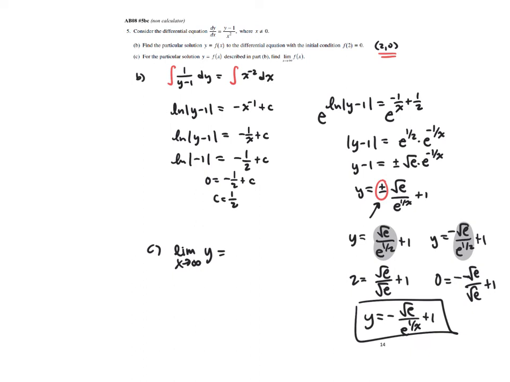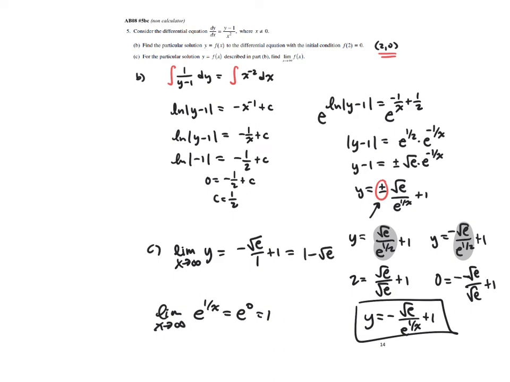If we isolate this and look at the limit as x approaches infinity of e to the 1 over x, that's going to approach e to the 0. Therefore, this would be equal to 1. Therefore, we would get negative root e over 1 plus 1, which we could say would be 1 minus the square root of e. All right, there you have it.